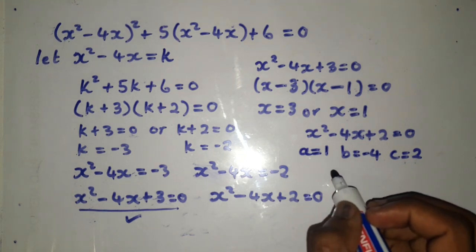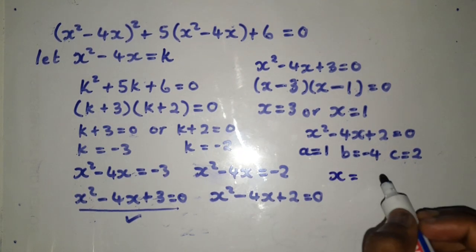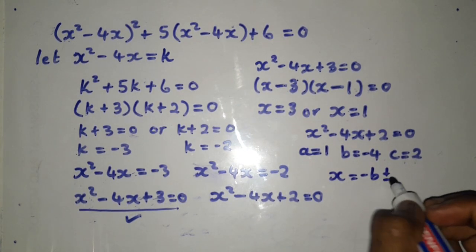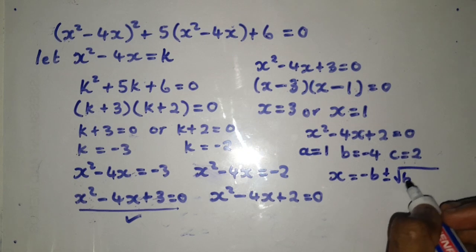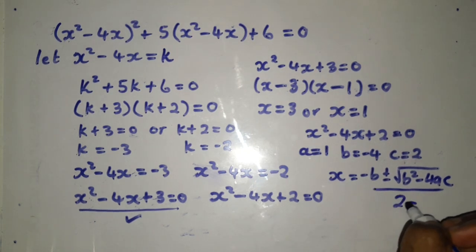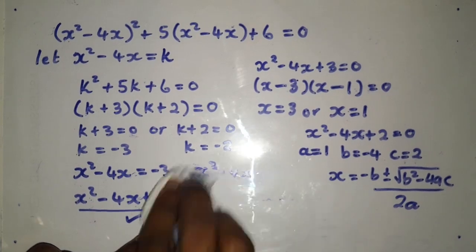Then we consider this formula: x equals minus b plus or minus the square root of b squared minus 4ac, divided by 2a. I don't have much space. Now I think I am forced to erase. Let me erase here.